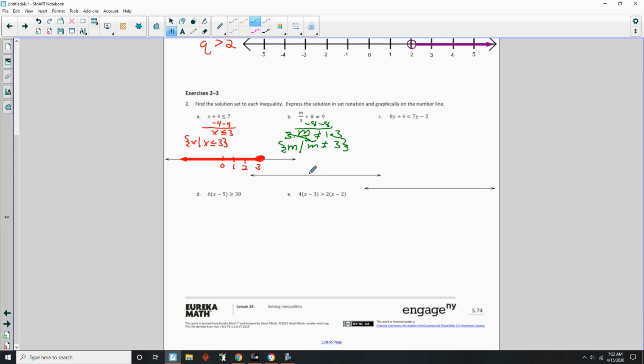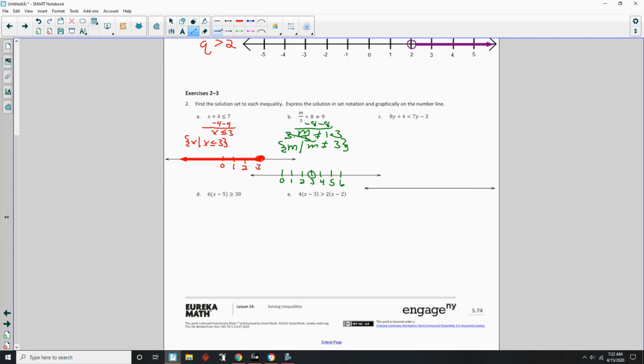So then when I do my number line, 0, 1, 2, 3, 4. Actually, what I should explain too is when you do a number line like this, you can always put your solution in the center. So then if I did that, then my 3 would be in the middle, like so. And it can't equal 3, so that's an open circle.